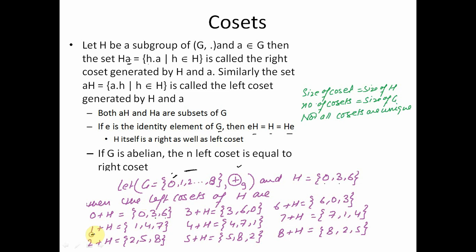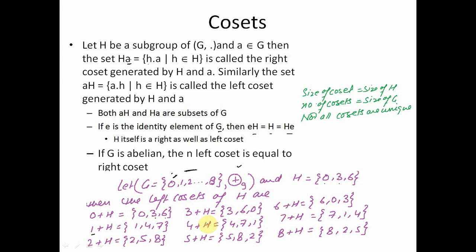Similarly, the coset defined by 1, I'll get 1, 4, 7: 1 plus 0, 1 plus 3, 1 plus 6. Similarly, coset defined by 2, I'll get 2, 5, 8. Then coset defined by 3 will be 3 plus 0, 3 plus 3, 3 plus 6. So 3, 6, and 3 plus 6 will be 9, which in mod 9 will be 0.